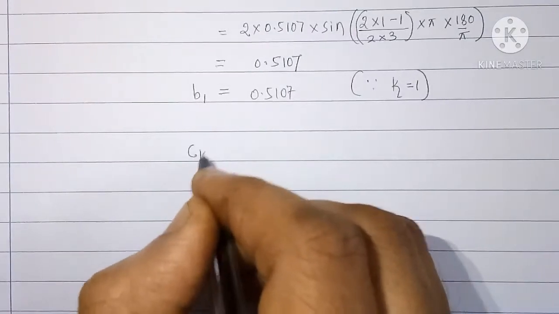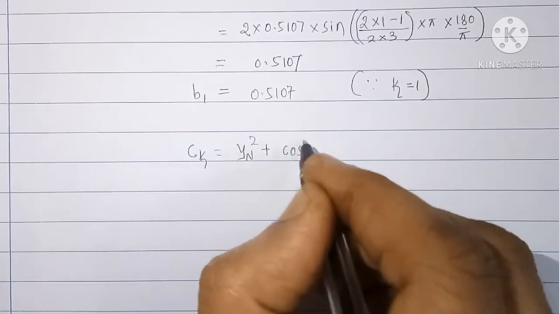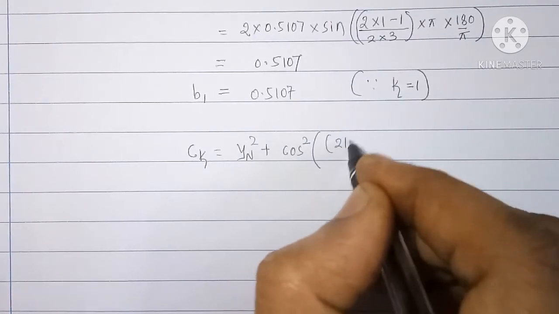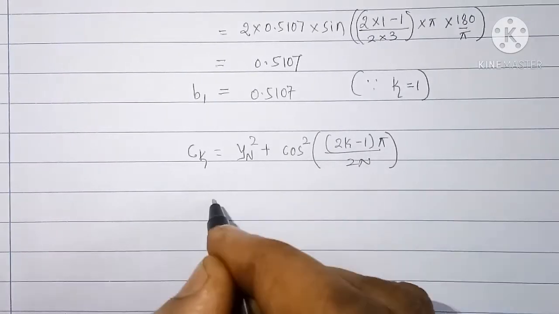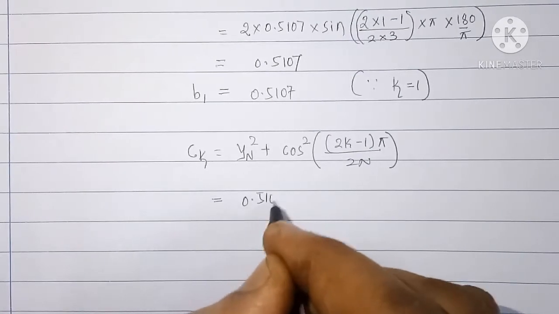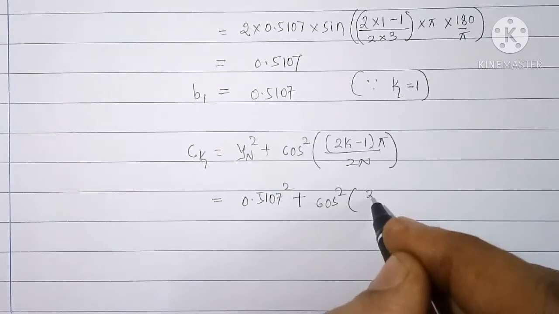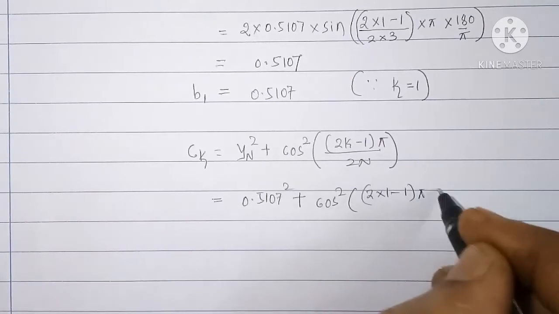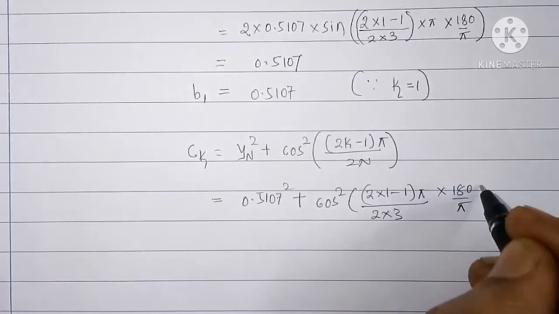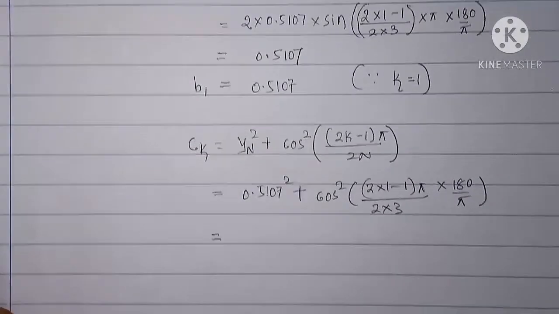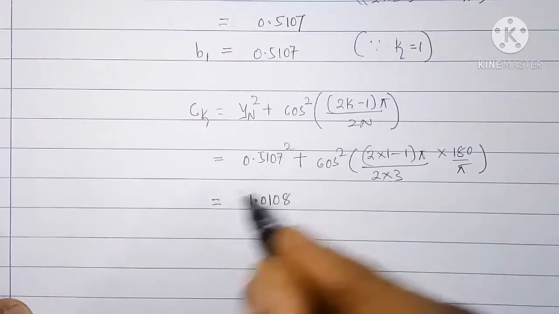Next, we have to calculate the ck value. Ck is equal to yn square plus cos square of (2k minus 1) into pi divided by 2n, that is equal to 0.5107 square plus cos square of (2 into 1 minus 1) into pi into 180 by pi by (2 into 3), that is equal to 1.0108.